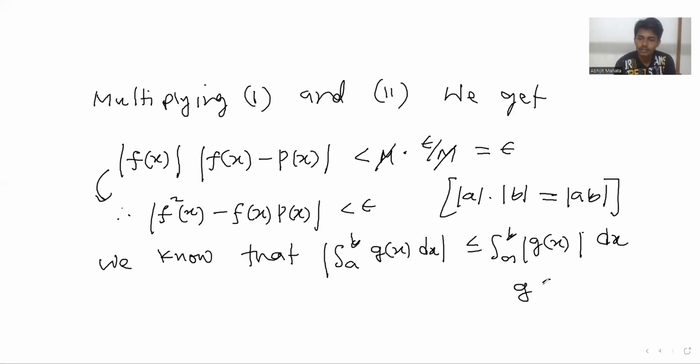Here of course g is a Riemann integrable function on the closed interval [a, b]. If you take g Riemann integrable, then the absolute value is also Riemann integrable, and this inequality holds. We know this is from Riemann integration. This is equation 3.